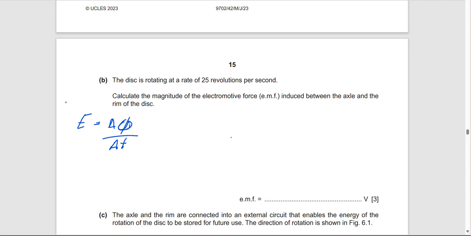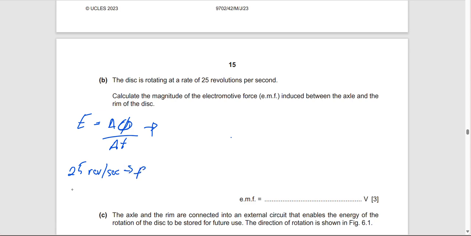Okay. And you know that it's 25 revolutions per second, which is the frequency. So to get the time, we just divide that into 1.